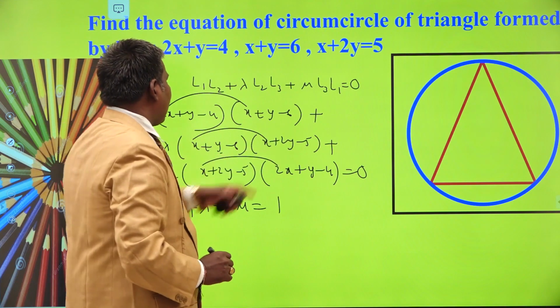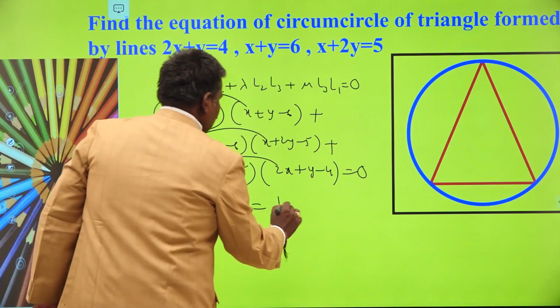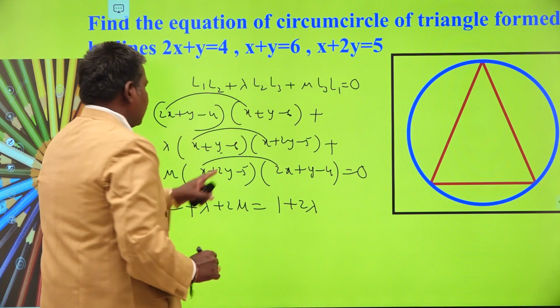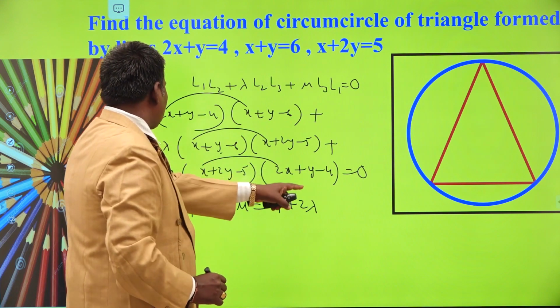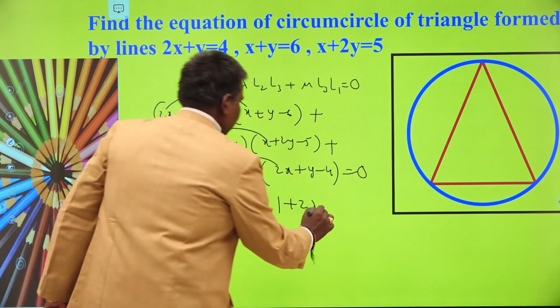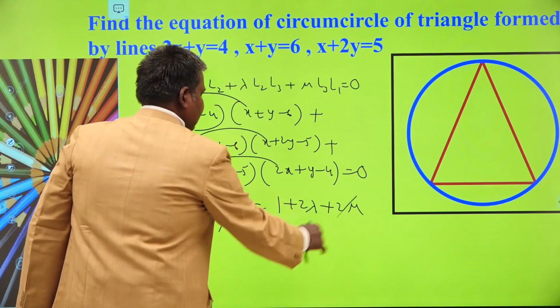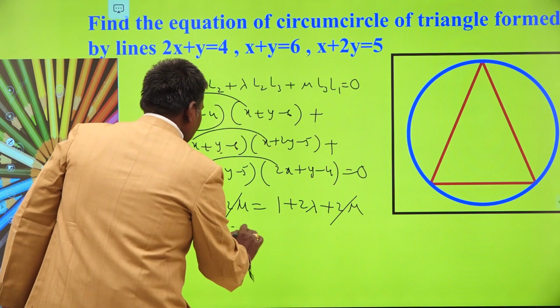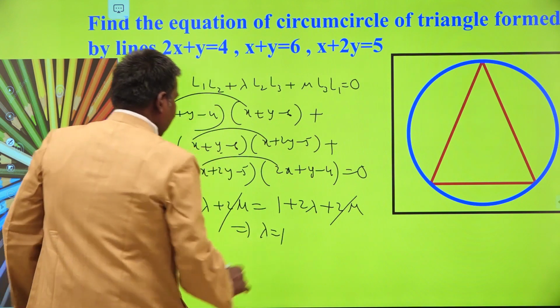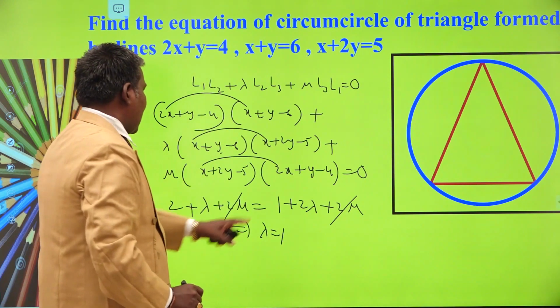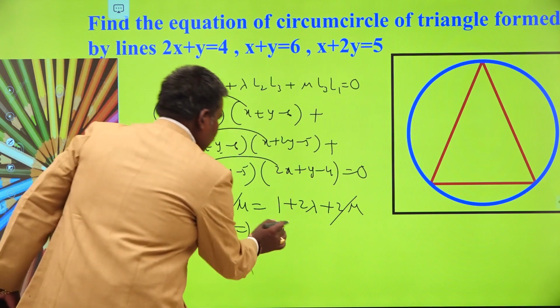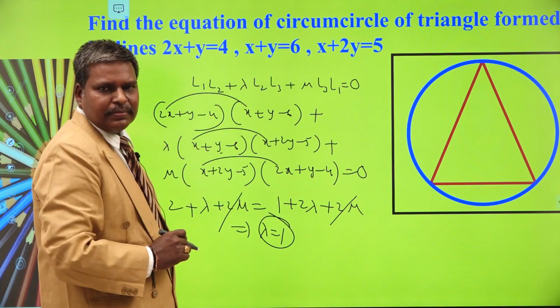Here y into 2y, 2y square into lambda, plus 2 lambda. Next, 2y into y, 2y square into mu, plus 2 mu. This is the first condition. 2 mu gets cancelled. So what about my lambda now? Lambda equal to 1. Am I correct or not? 2 lambda minus lambda, lambda, 2 minus 1, 1. So we have lambda is equal to 1.